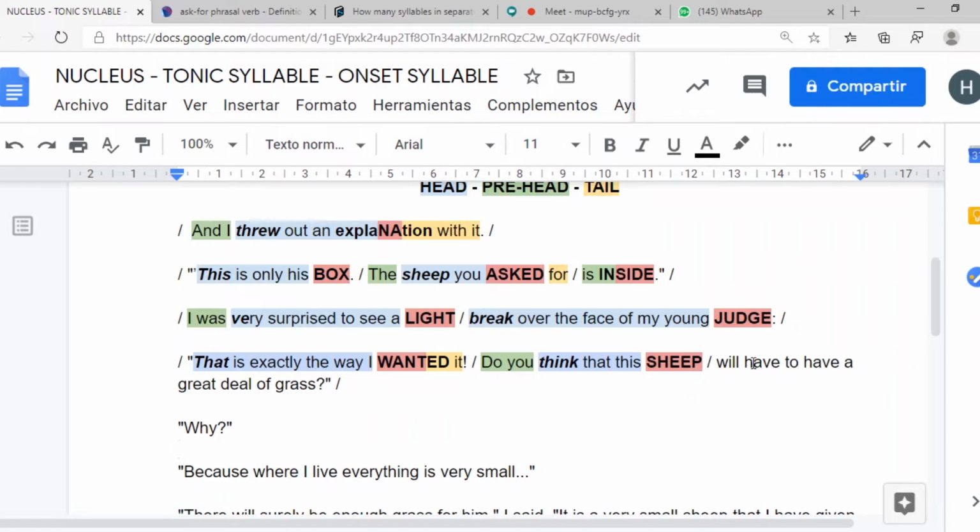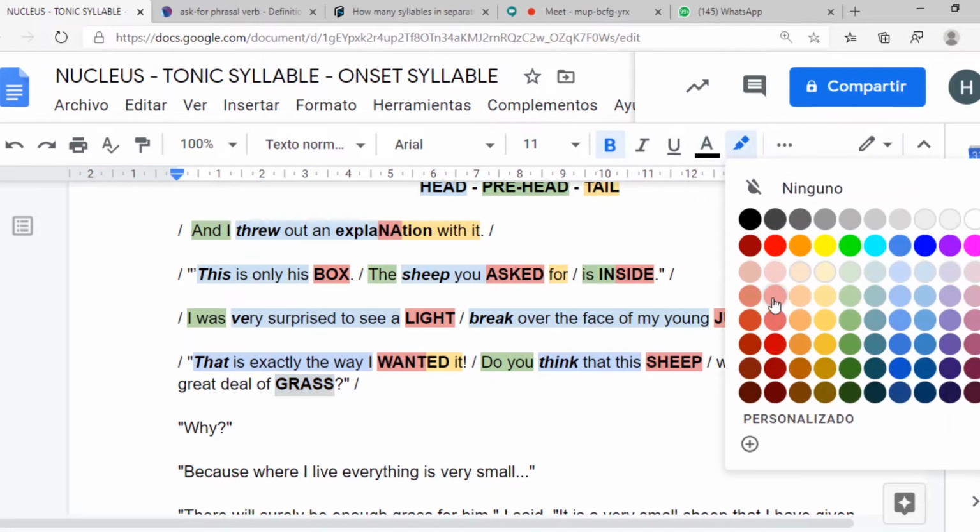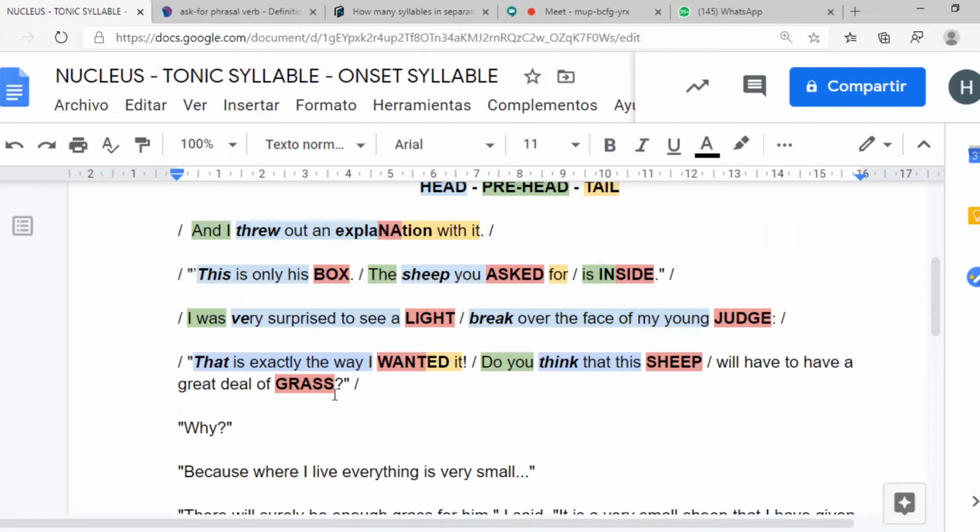Okay, have to, grass, this is your last content word, so this will be your nucleus. Then it's your tonic syllable too.